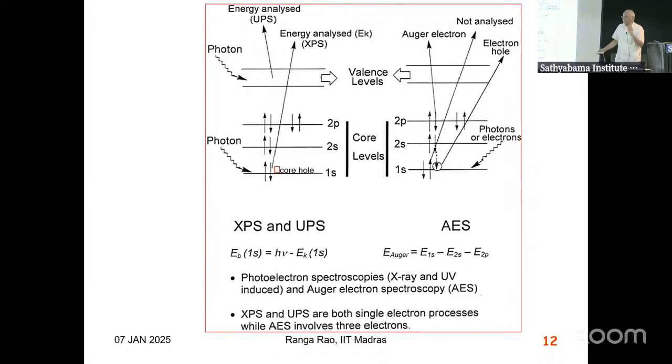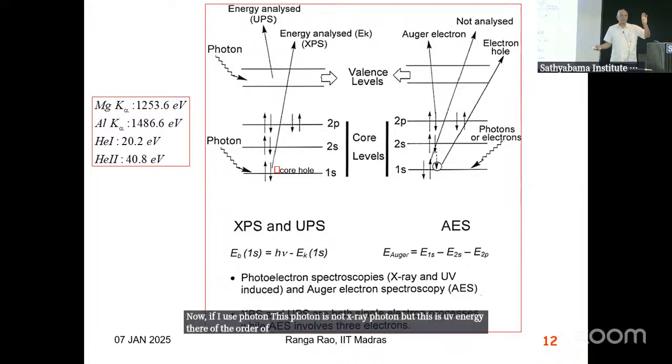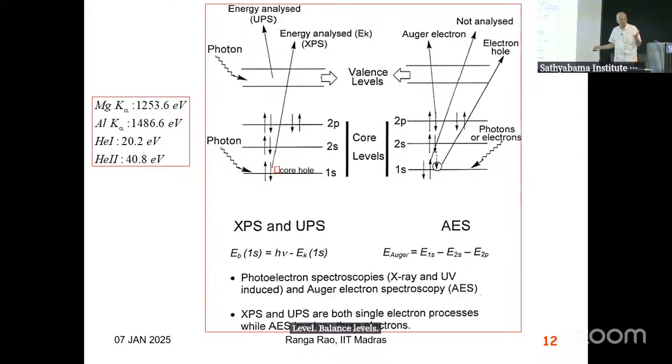Okay. Now if I use a photon which is not an X-ray photon but UV, energy is of the order of UV range, around 40 electron volts to about 100 electron volts. If I use that, it will not have enough energy to knock out these electrons. It will remove only electrons from the valence levels, the outermost levels.